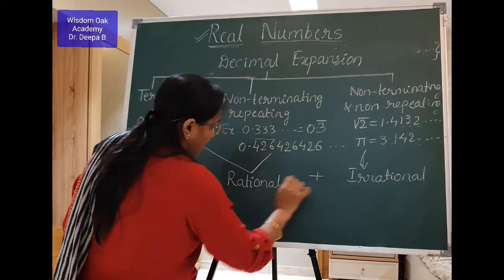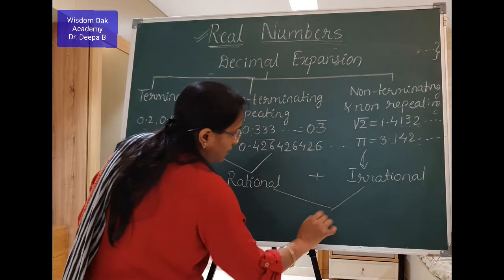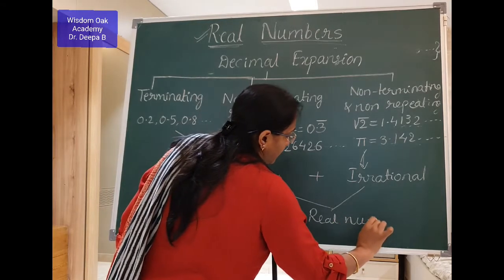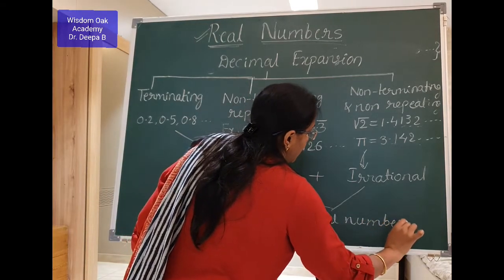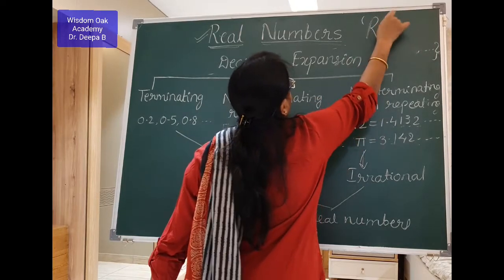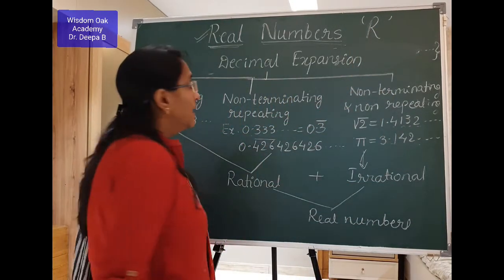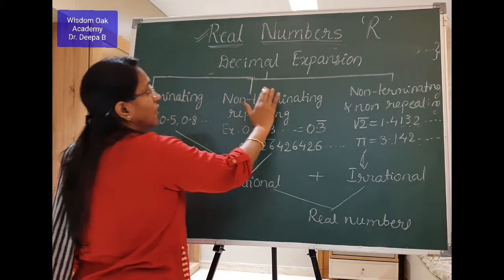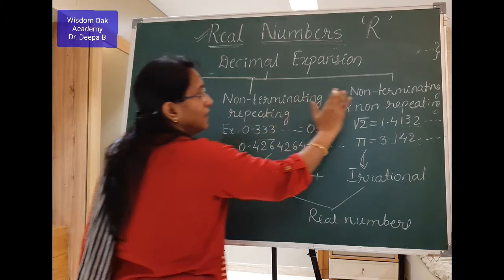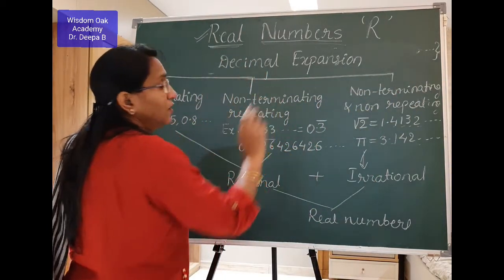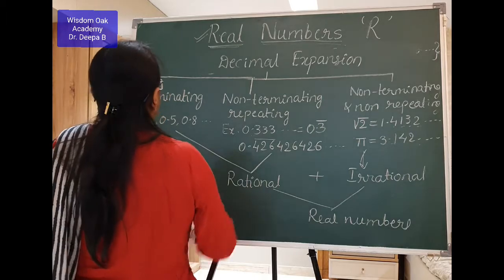Together, these rational and irrational numbers form the real number set. So it is real numbers. We denote real numbers by R. So this is important: terminating, non-terminating repeating, and non-terminating non-repeating. This is about decimal expansion.